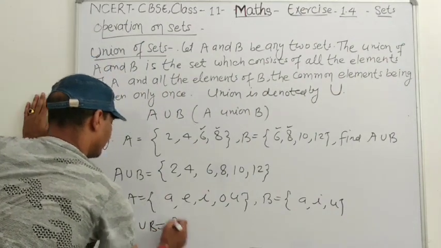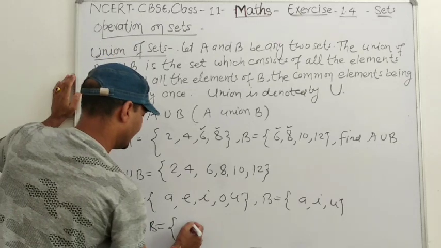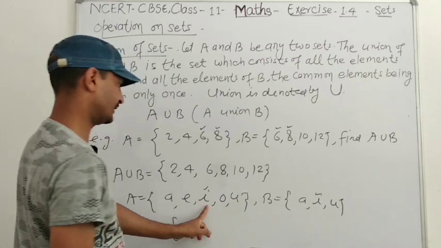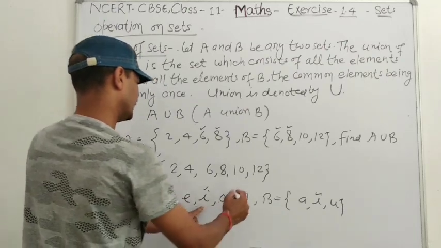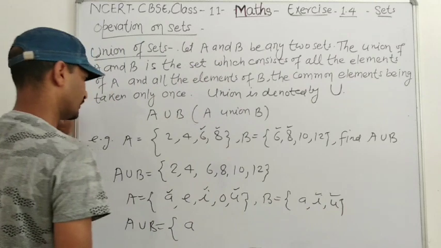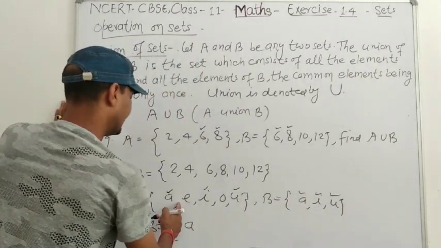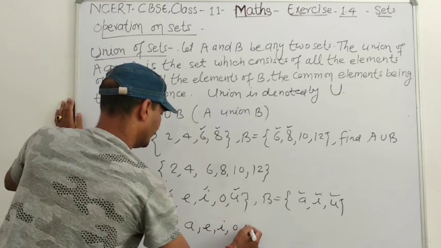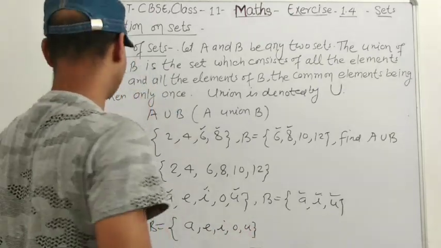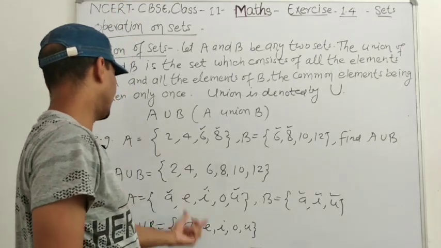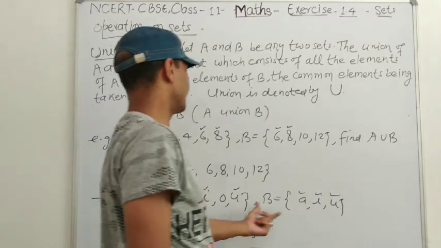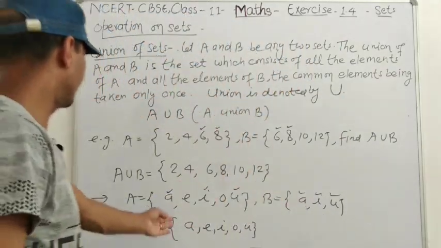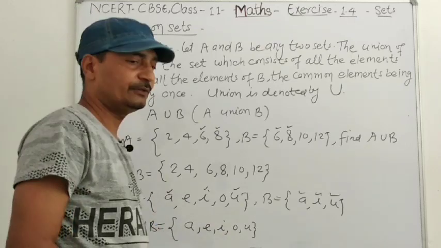We write all the elements of A and set B. A, I and U are repeating in both sets, so we take them only once. So A union B equals {A, E, I, O, U}. We have written all elements of A and also elements of B, but these repeating elements taken once. So it is the answer of this example.